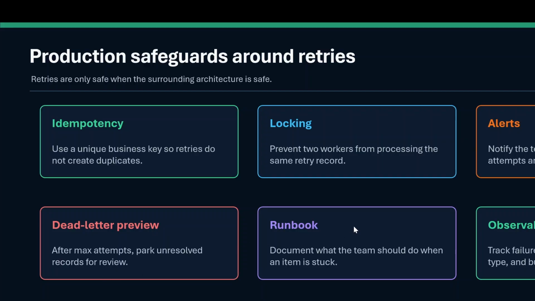And you're going to have a runbook, which is an SOP, a standard operating procedure that documents what the team should do when an item is stuck. For example, you have your team, and you've got to give your team a document. Say, look, this is the procedure, the steps you need to take when a workflow fails, when it fails and it retries and it doesn't work.